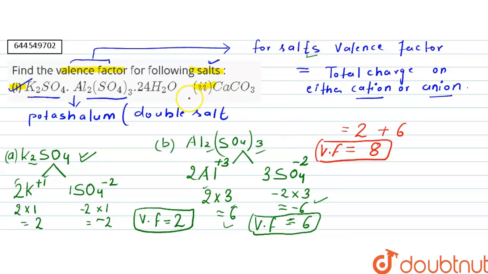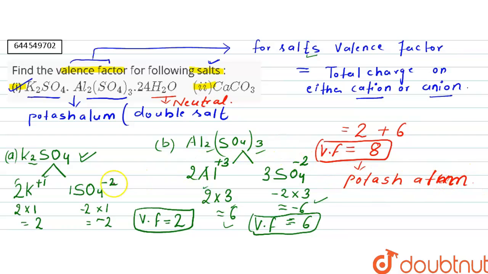And if we talk about the 24 molecules of water, we know that water is neutral, so we don't need to find the valence factor for water. So for potash alum, our valence factor is 8. Sorry, this is alum.